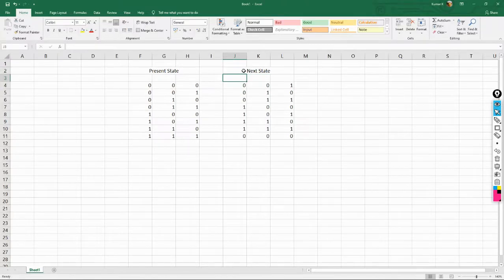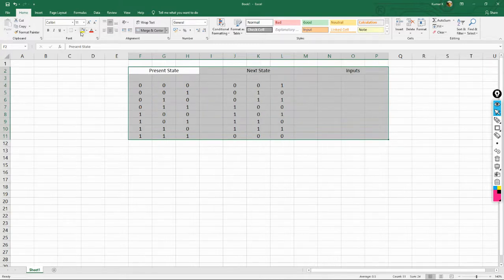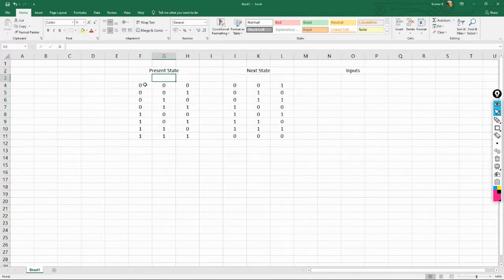So this is going to be your next state, and this is going to be your inputs. Next state input supposed to be. Now, if you look at this, the whole thing, 000, becomes one after your first input pulse. And if it is one, it becomes, so basically let's do this.